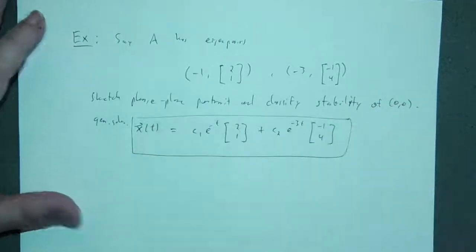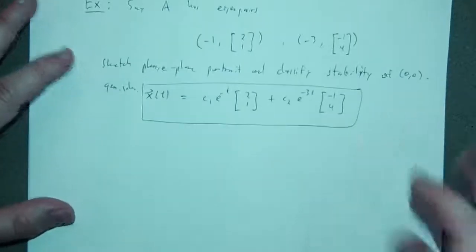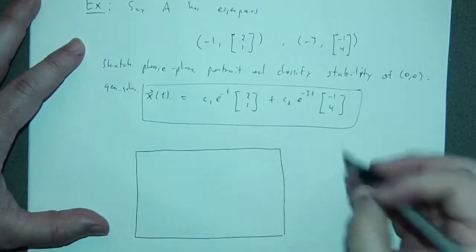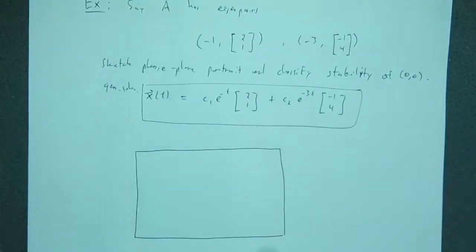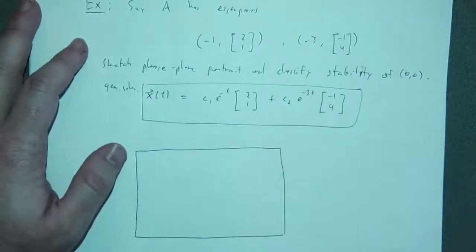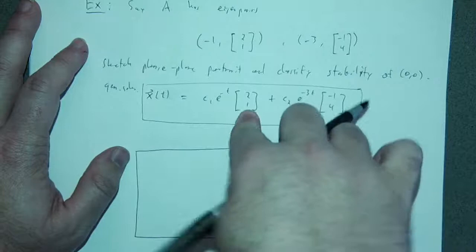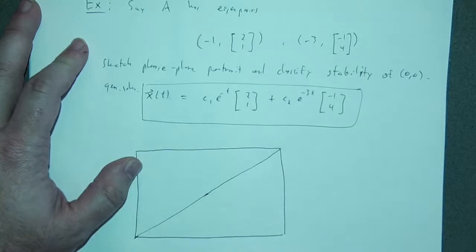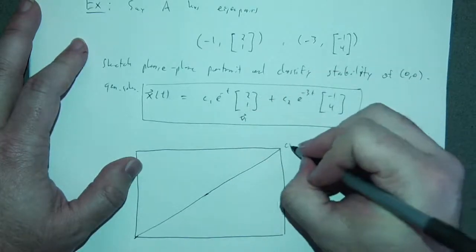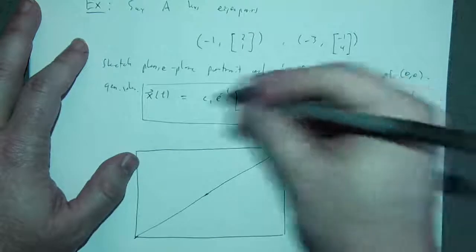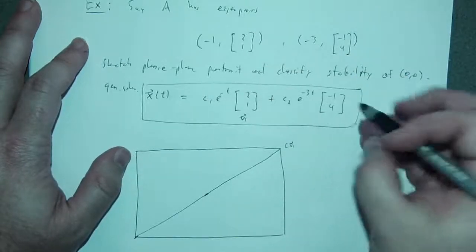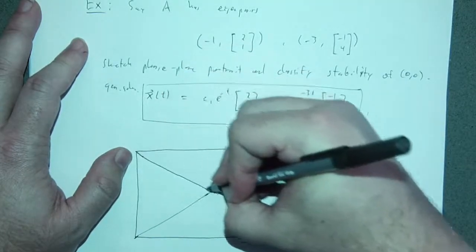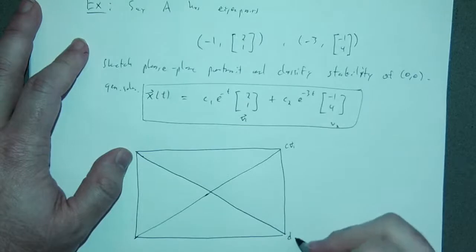What do these trajectories look like? I have two line solutions, right, from each of these terms. One's determined by the vector (2, 1), so that's this line. If this is V1, this is the line C1 V1. And if this is V2, then this is the line D V2, if you like.